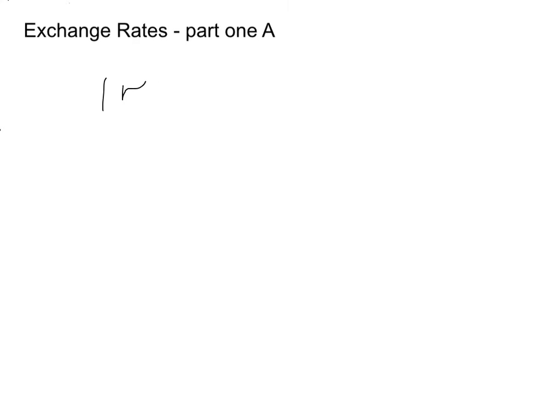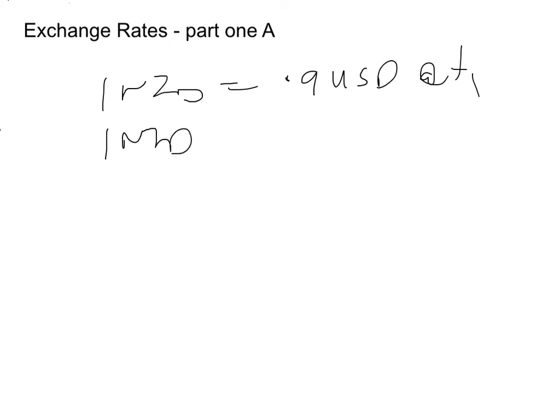So look, if I've got 1 New Zealand dollar that equals 0.9 US dollars at T1, and 1 New Zealand dollar equaling 0.7 US dollars at T2, what's happened? Well, what we can see is that the New Zealand dollar has depreciated against the US dollar.